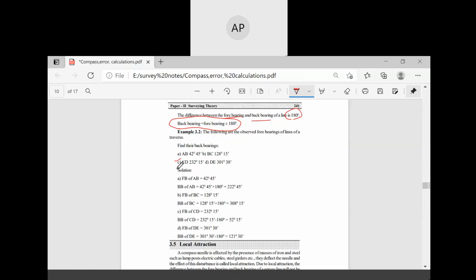You have to find the back bearings. AB 42 degree 45 minutes. Again, degree and minute addition comes here. 42 degree 45 minutes. Back bearing will be plus 180 degree. So it will be 222 degree 45 minutes.